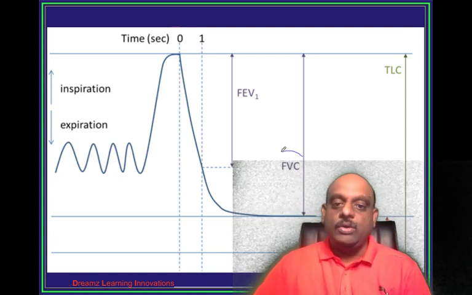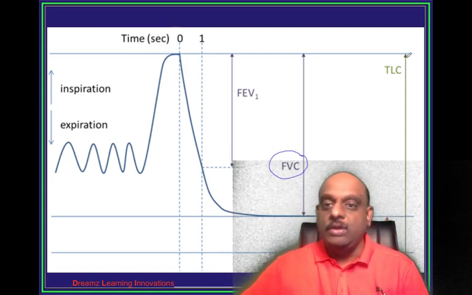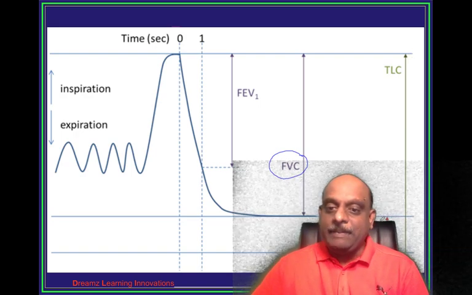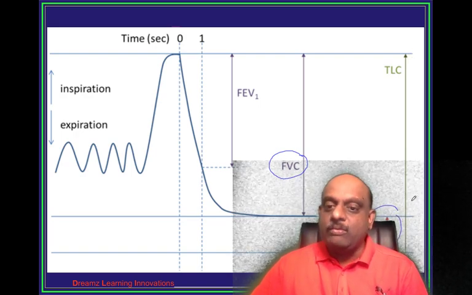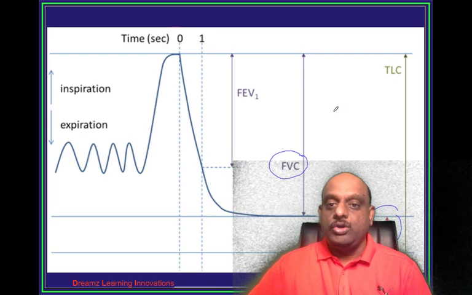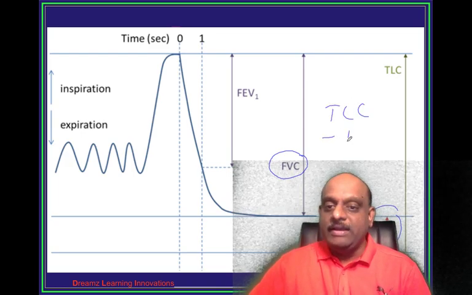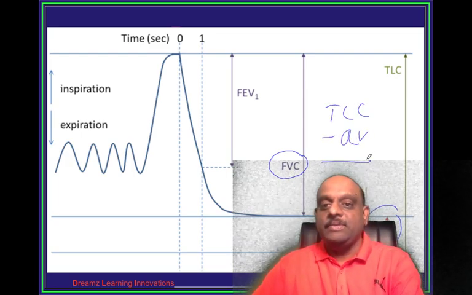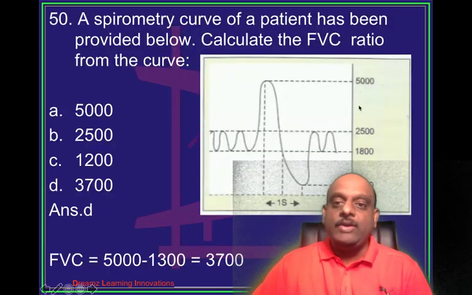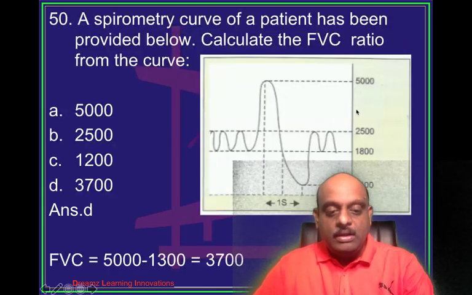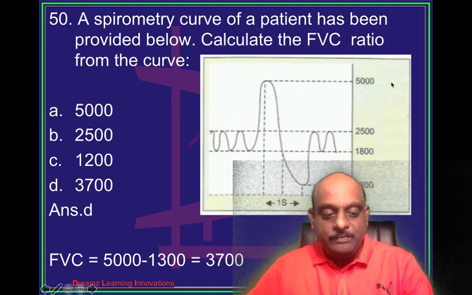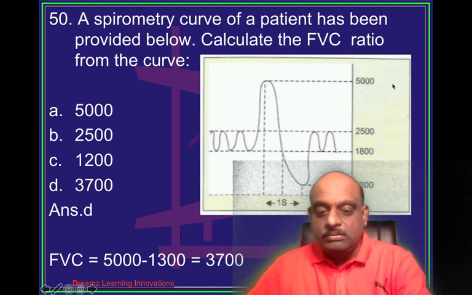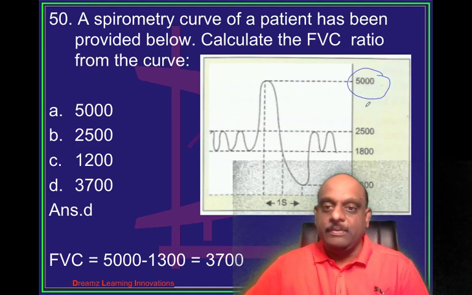So FVC कैसा आता है बोले तो आपका total lung capacity से residual volume को minus करो. Total lung capacity से residual volume को minus करना. So ये कितना है total lung capacity? 5,000.